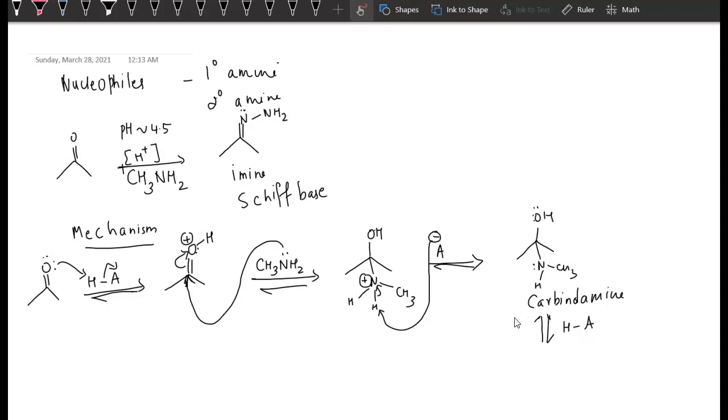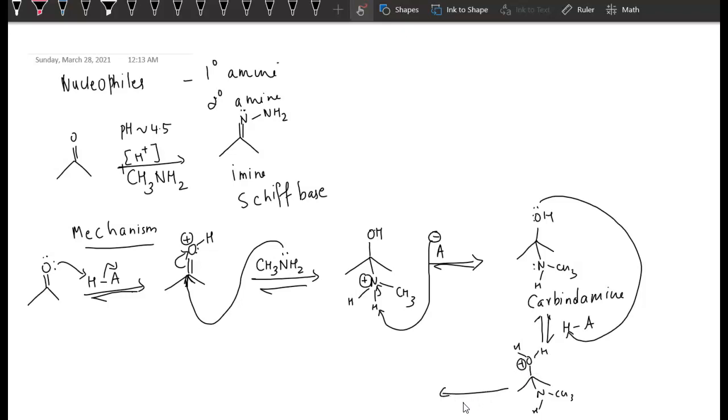What will happen is one more time, there is a protonation of the oxygen atom. It takes the hydrogen. So what we get is a nitrogen with a CH3, H, and then we have OH and H with an oxygen with a positive charge.